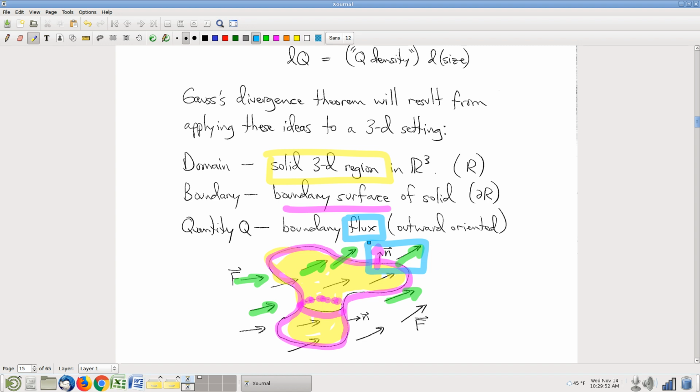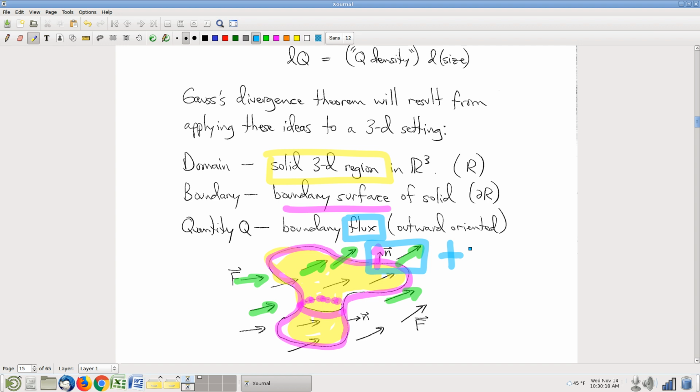And the observation I want to make here is that the normal vector, by pointing outward, means we're measuring how much fluid is flowing out of the solid through the boundary surface, right? So when we say outward-oriented boundary flux, that means we're looking for how much fluid is leaving the region. So this is positive.